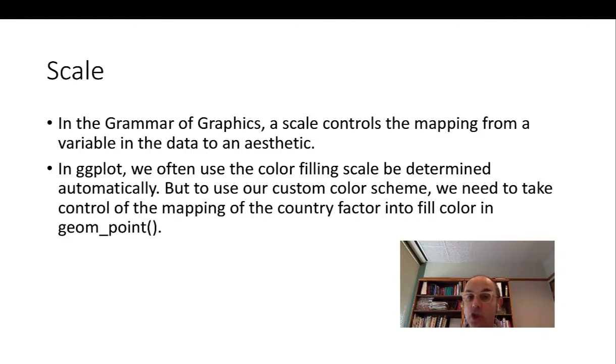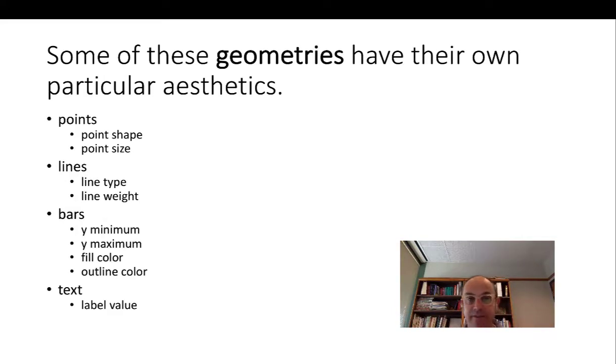So in ggplot2, we often use color fill scale to determine it automatically. So we use a custom color scheme so we can take control of the mapping of the country, for example, factor into fill color, so it will give us a more advanced visualization out of it.